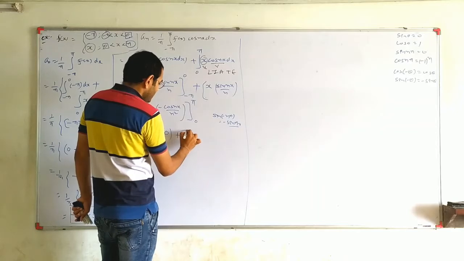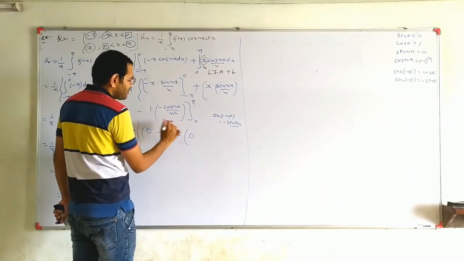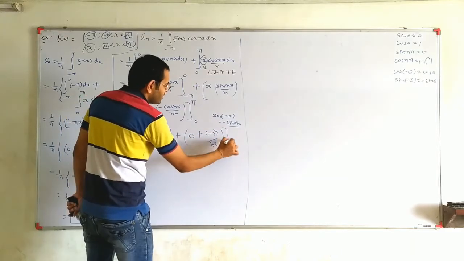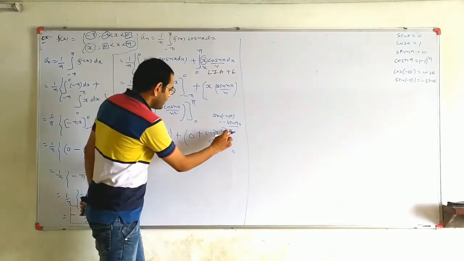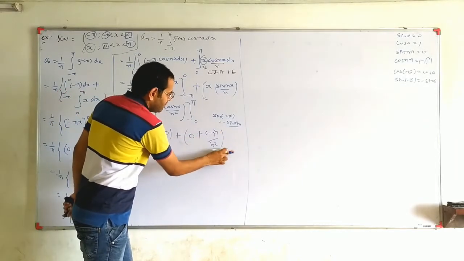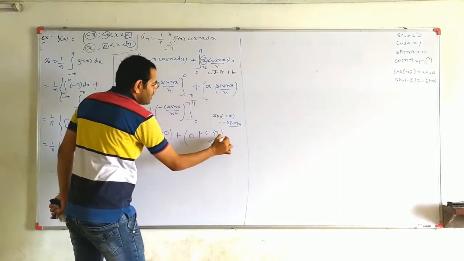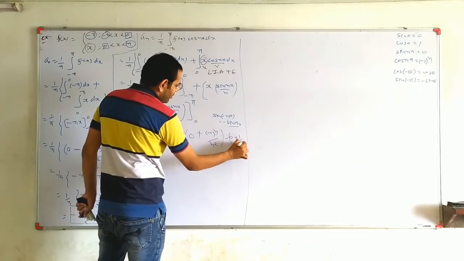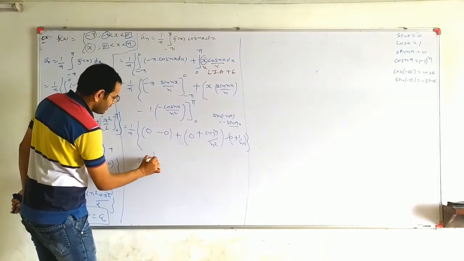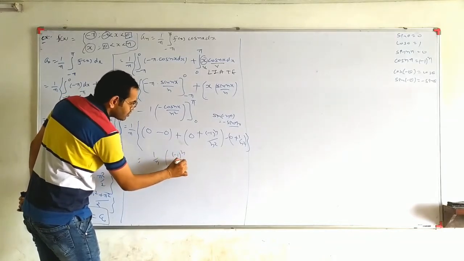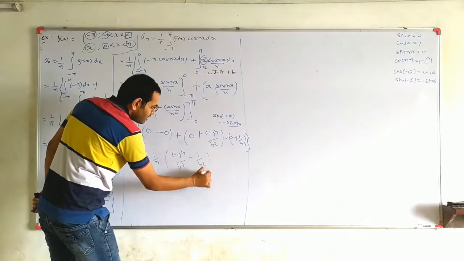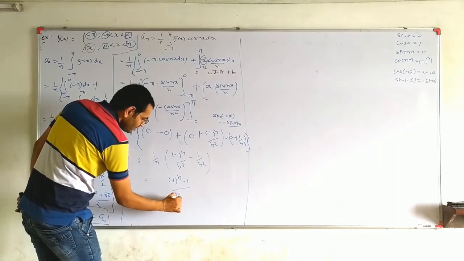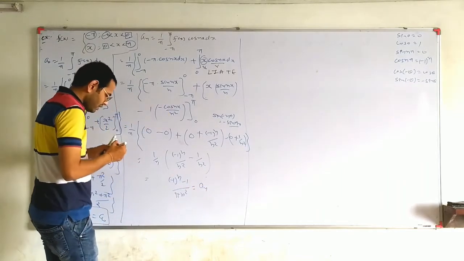Plus, pi sin n pi is 0, minus minus plus cos n pi, minus 1 raised to n upon n square, at the upper limit minus lower limit. 0 into anything is 0, minus minus plus cos 0, which is 1, upon n square. Then we get 1 upon pi times minus 1 raised to n upon n square minus 1 upon n square. Taking LCM, we get the result over pi n square. That is the value of an.